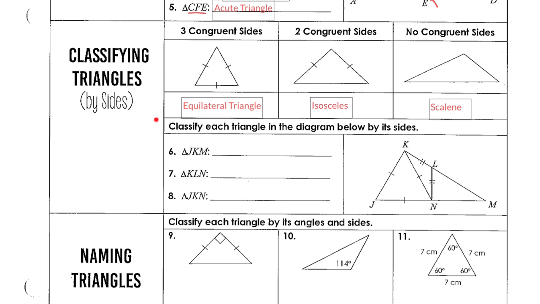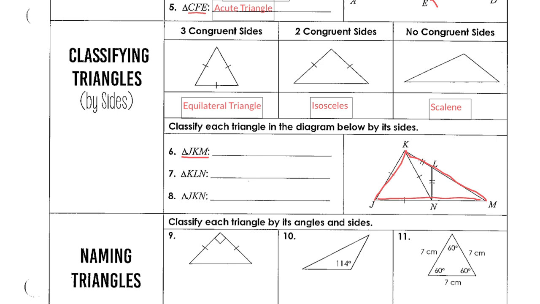All right, now we're going to look at a triangle in this figure, and we're going to identify what it is, just like we did in the last section with angles. So first, triangle JKM. I'm going to find that. Here's angle J, here's angle K, and here is angle M all the way across here. Now, if I'm looking at this, I know that this side cannot be the same as this side.